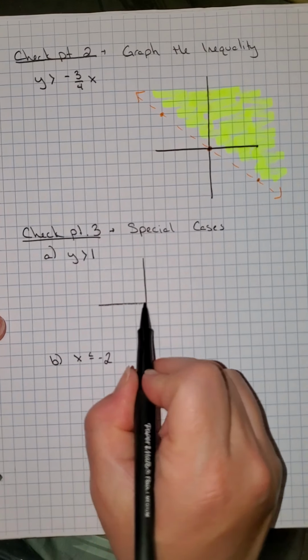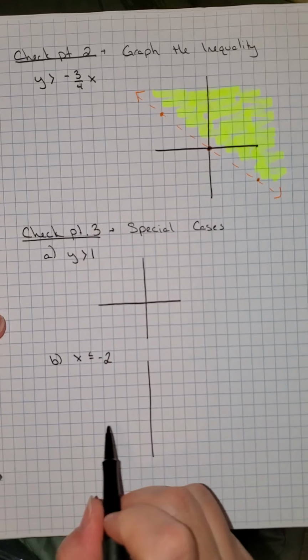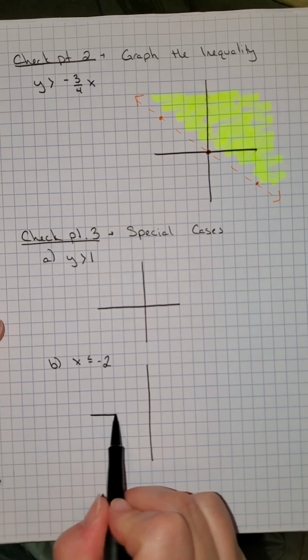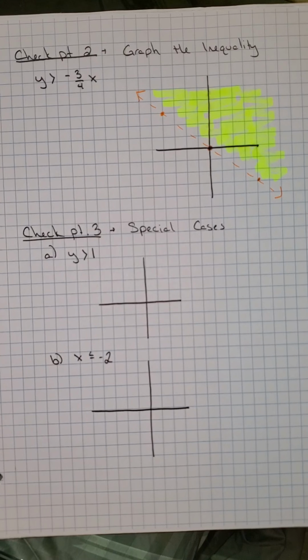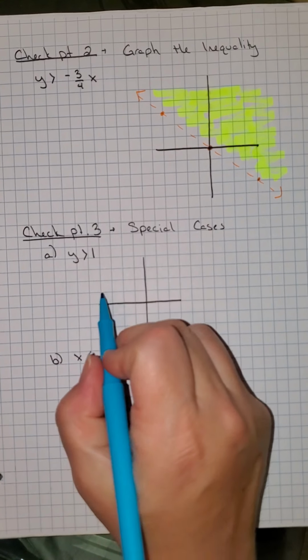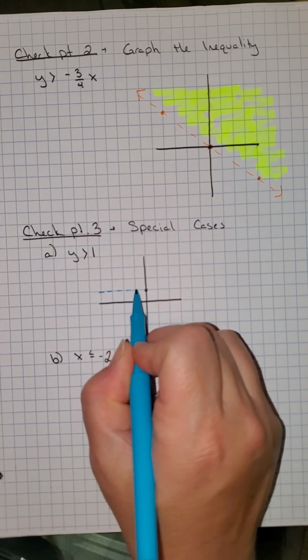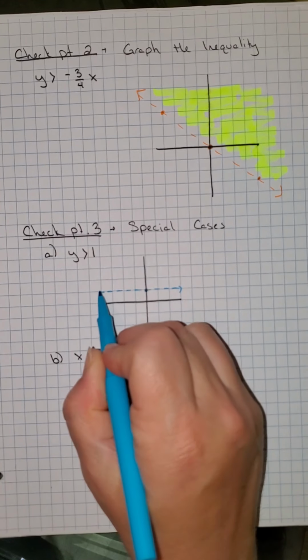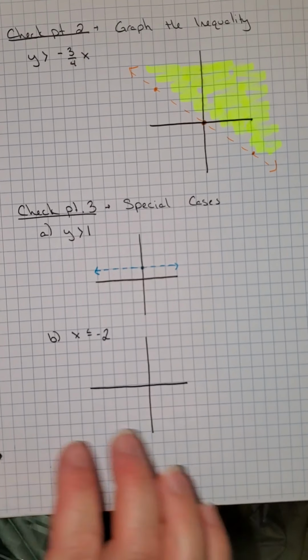So greater than 1, that means it's going to be a dotted line. So dotted line through where y is 1. And greater than means that we will be shading up.